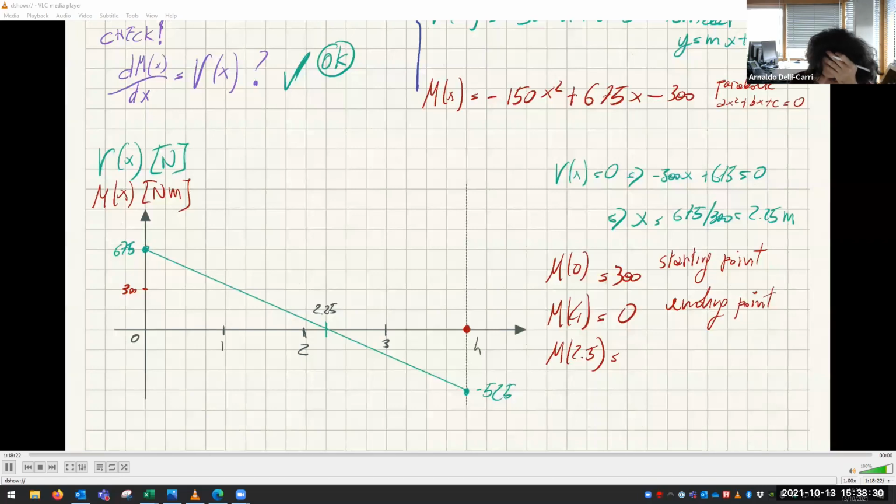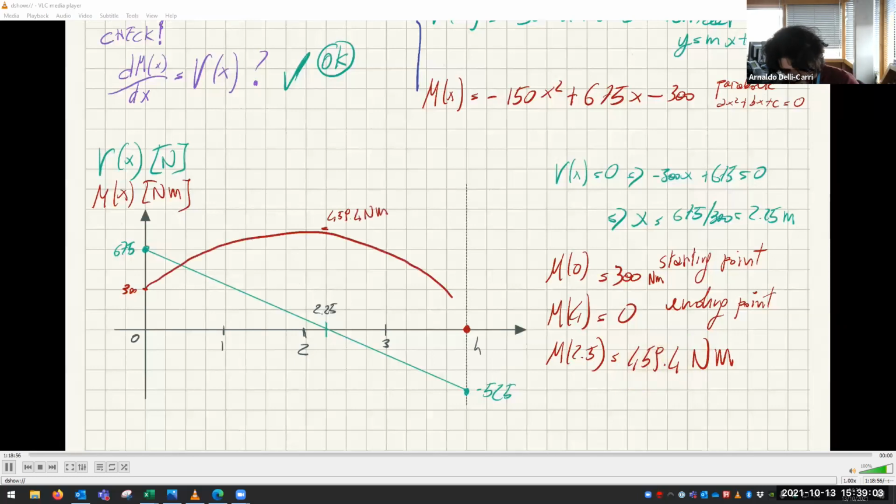This gives 459.4 Newton meters. So we know this is very important. This is the largest maximum, the maximum bending moment. Let's say here, this is 459.4. So my parabola looks like this.